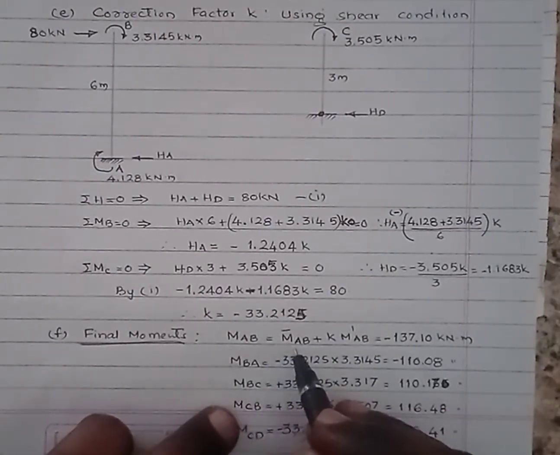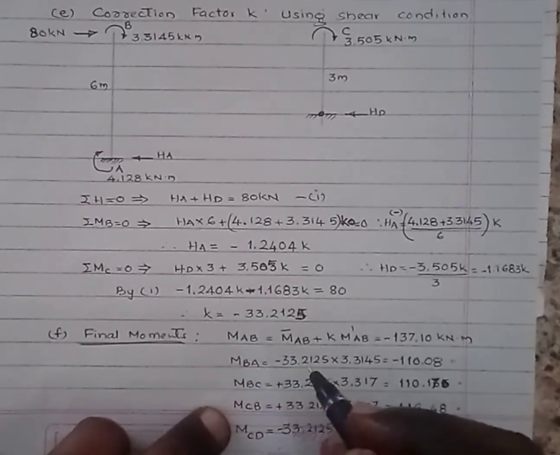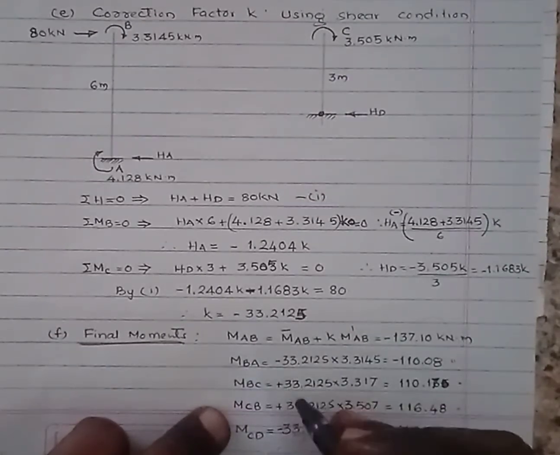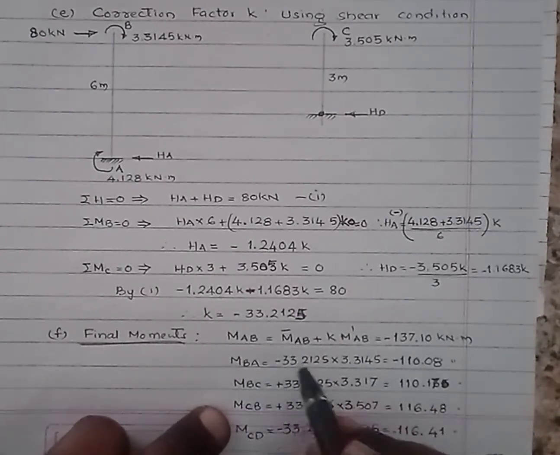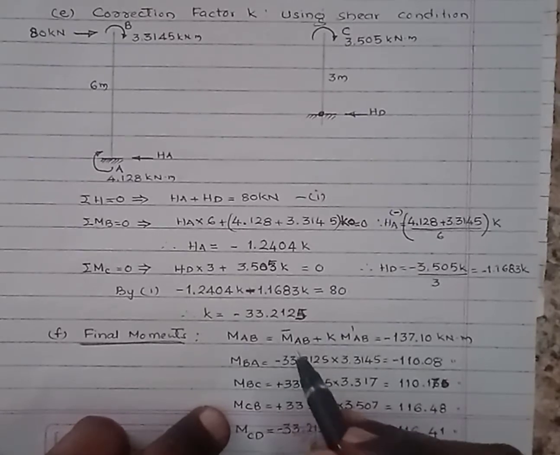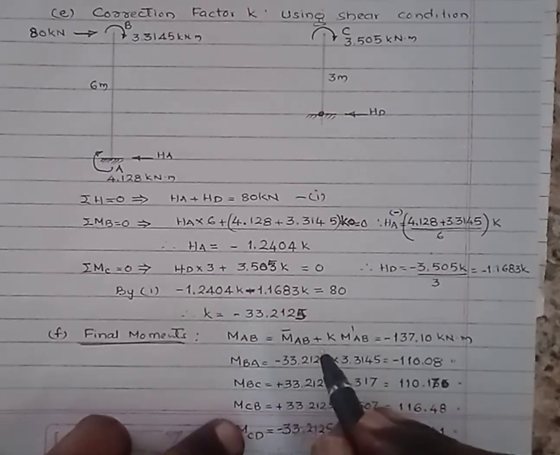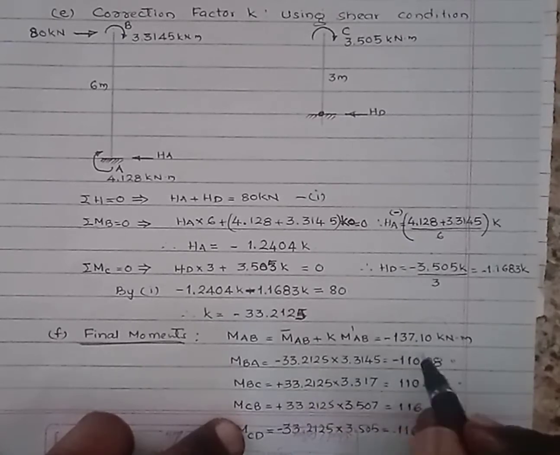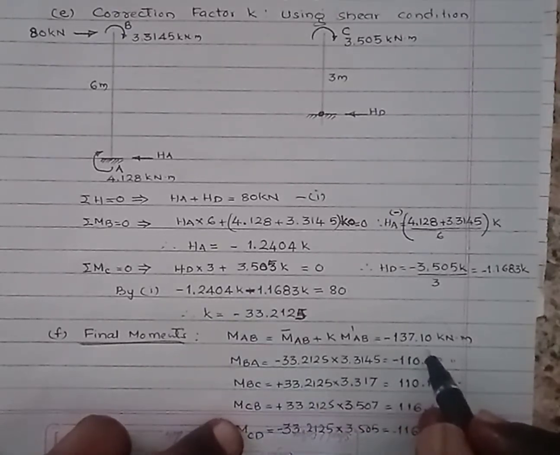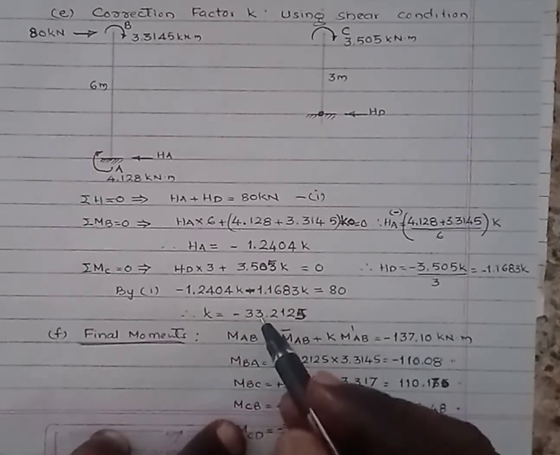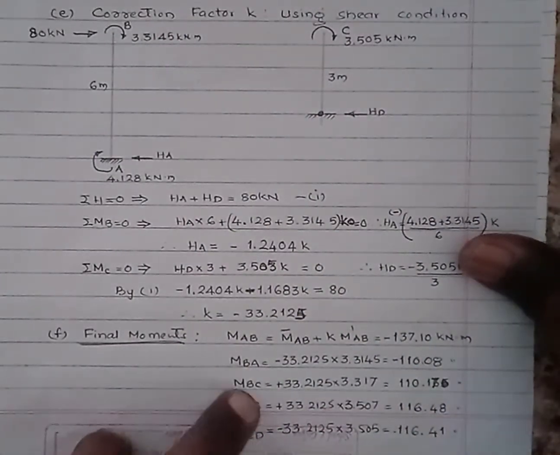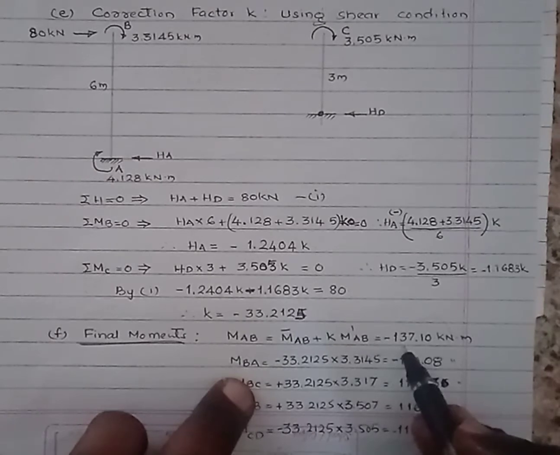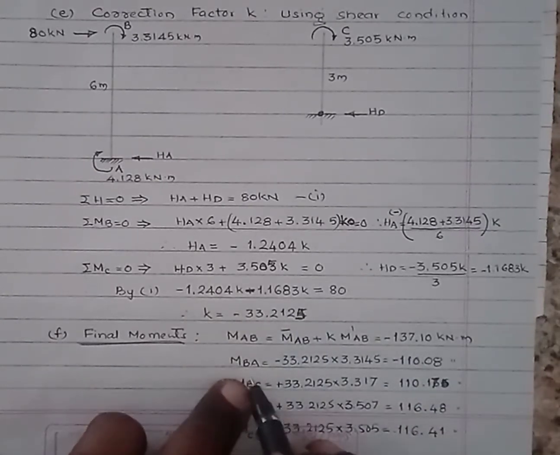Here by substituting the value of M bar AB, no loads are acting on the members, both horizontal members as well as vertical members in between the joints. Therefore M bar AB equals 0 plus K M dash AB, that equals minus 33.2125 into 4.128, minus into plus minus, that is minus 137.10 kilonewton meter.